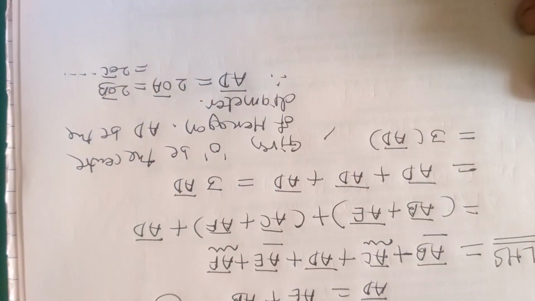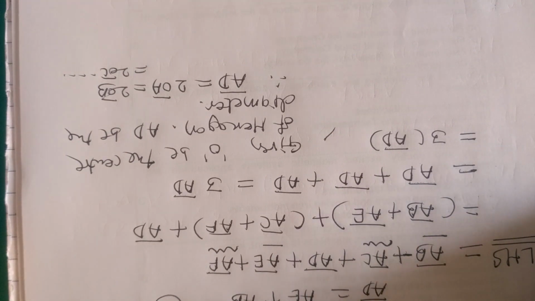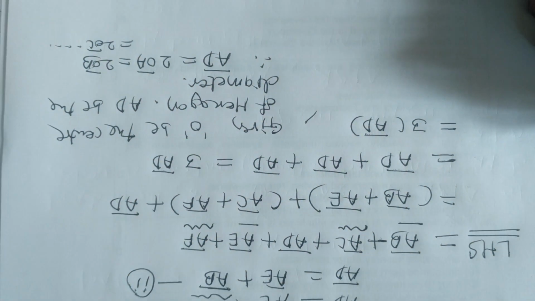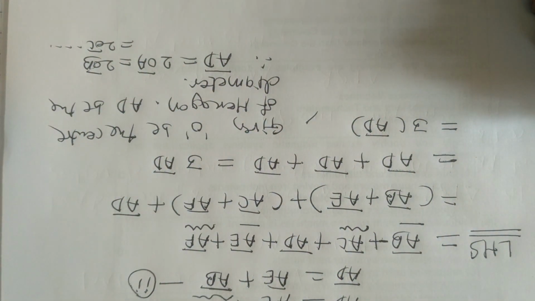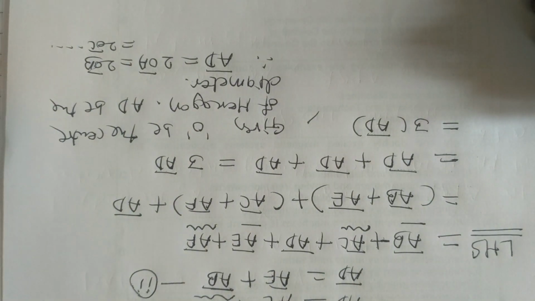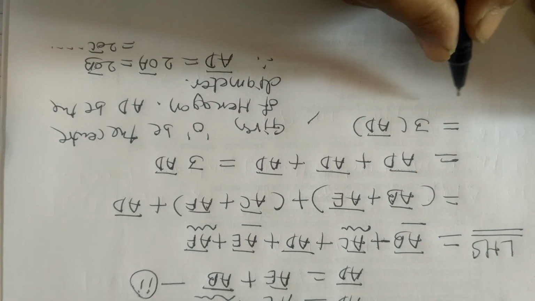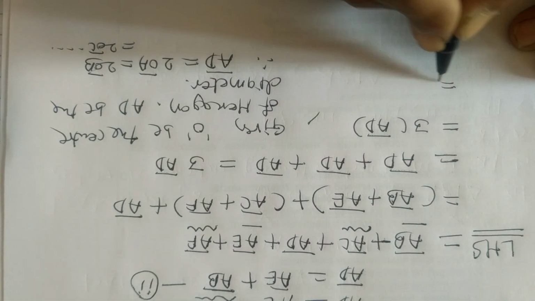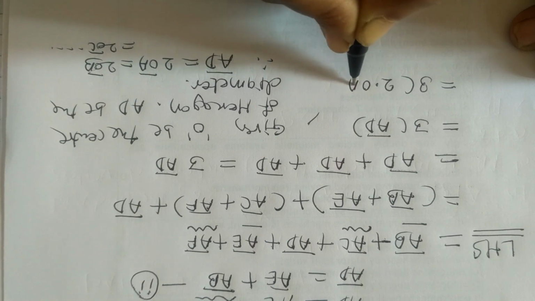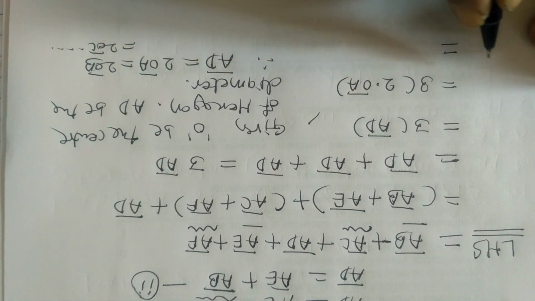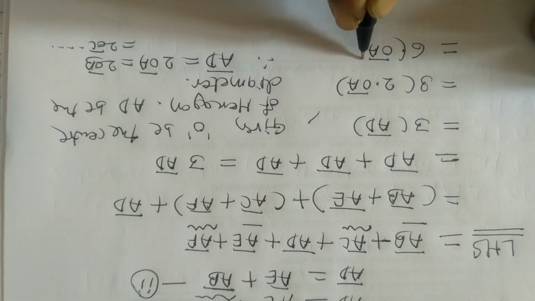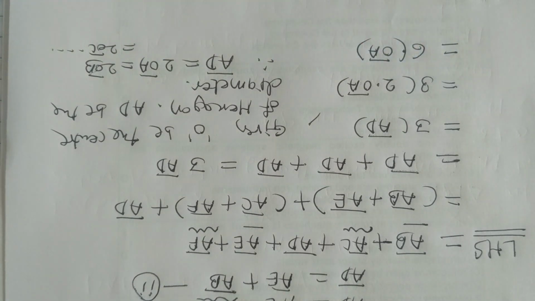Means O is the fixed point in the plane, and from this O there are a number of vectors, all along the radius of the regular hexagon. We use the word center because we draw this regular figure by drawing a circle, so its vertices lie on the circle. So AD bar is equal to 2 times OA bar, and 3 into 2 times OA bar, as the vector OA bar is half of AD bar, therefore we get scalar multiplication 6 times OA bar, where O is the center of the regular hexagon.